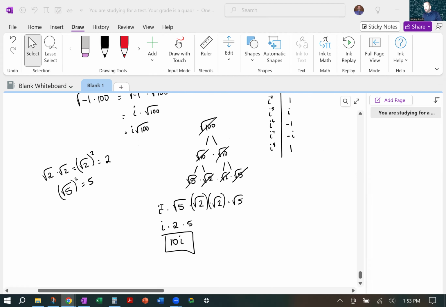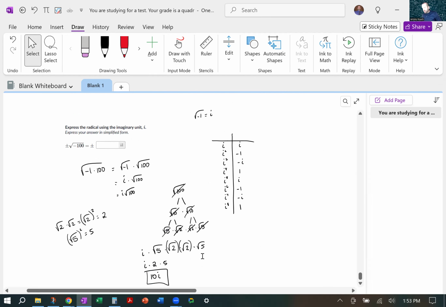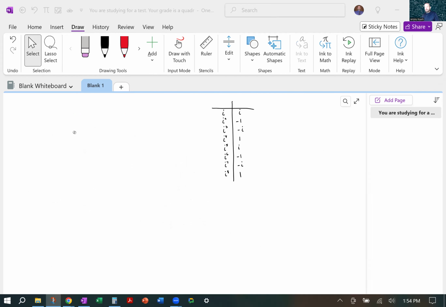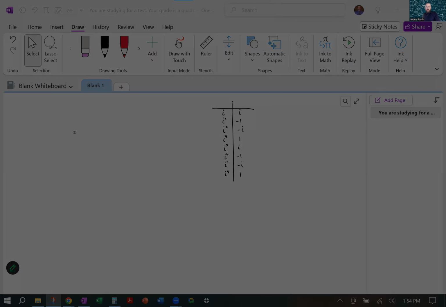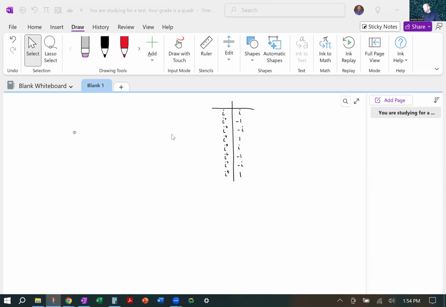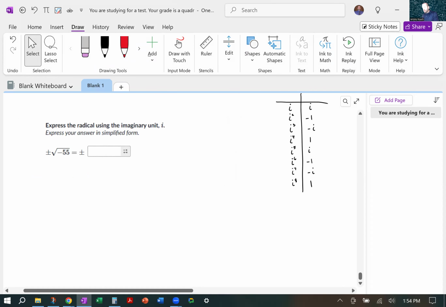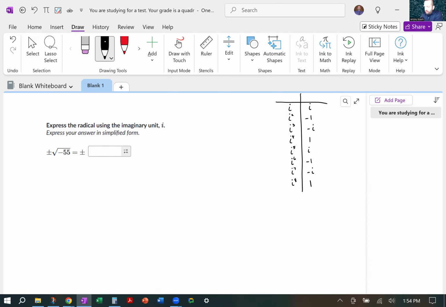And we'll do one more very quickly. This one probably shouldn't take as long as that other one. So the last one we just did. Let's take a look here. The next one is square root of negative 55. Another negative, another imaginary number we're going to be working with. So now this is going to be root negative 1 times square root of 55.